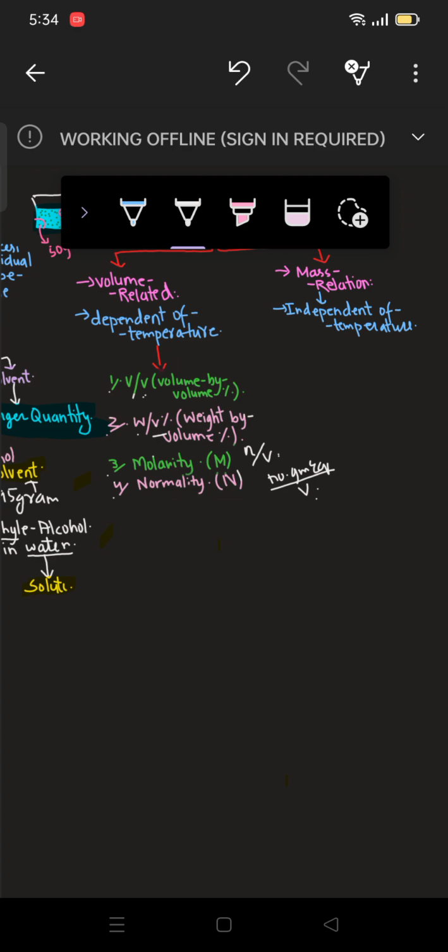And if we increase or decrease the temperature on these terms, they will be affected, of course, since they are volume related.